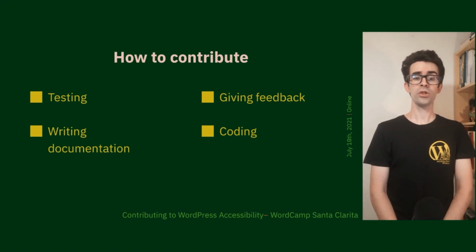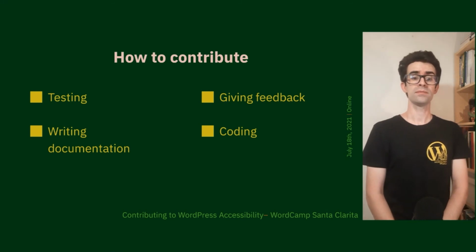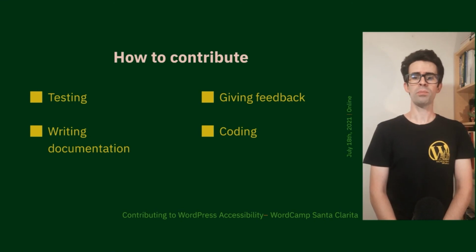After the creation of working groups, I'm very convinced that another good way to start contributing would be to write documentation. On one side, writing documentation is a very good way to learn about the things you are documenting. Second, if you are new to accessibility, you probably know the needs of people who are new to accessibility and WordPress.